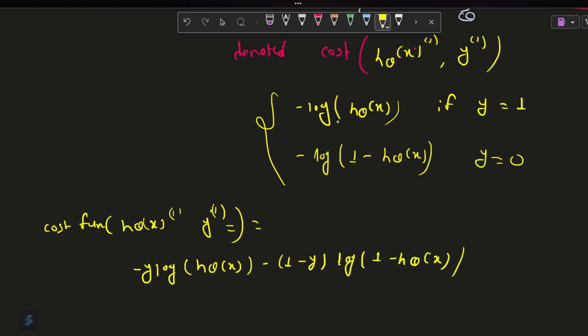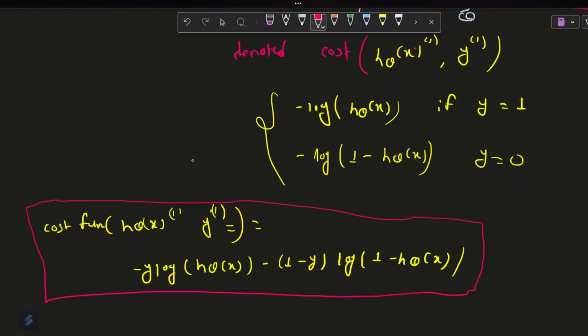After the conversion, when you replace the theta value, this is the cost function that we have for logistic regression. That is a simple concept when you understand it. I hope you understand all the equations.